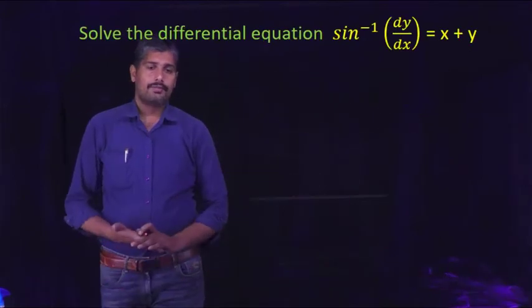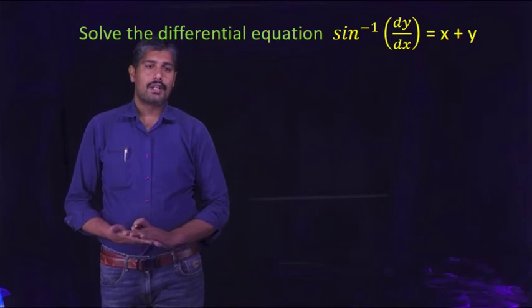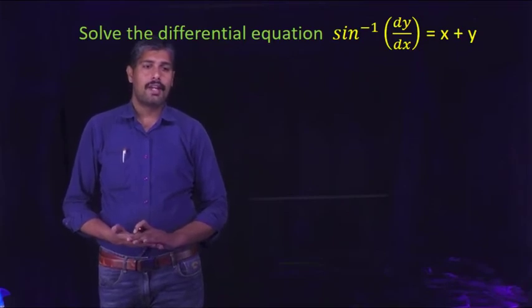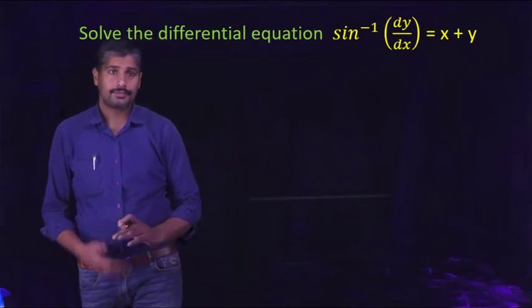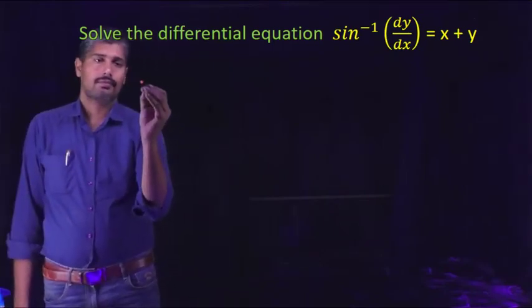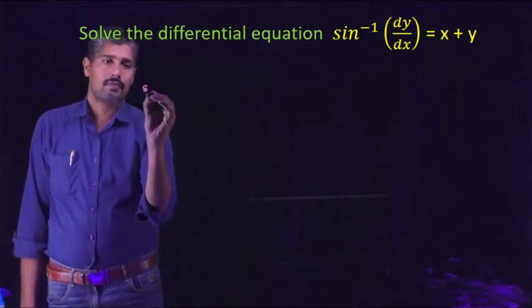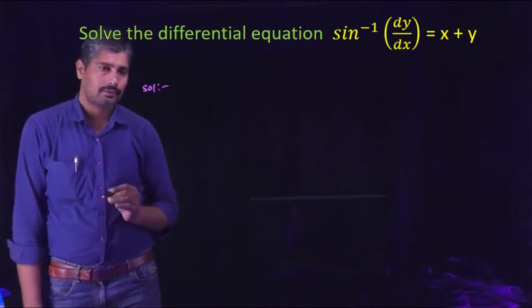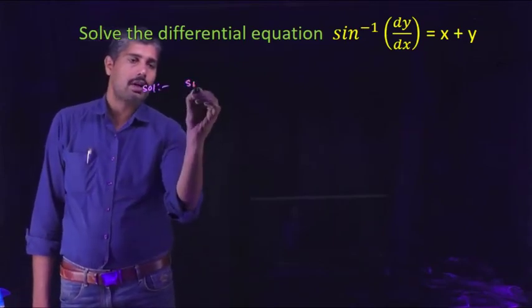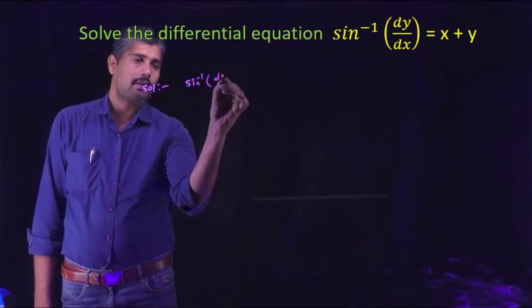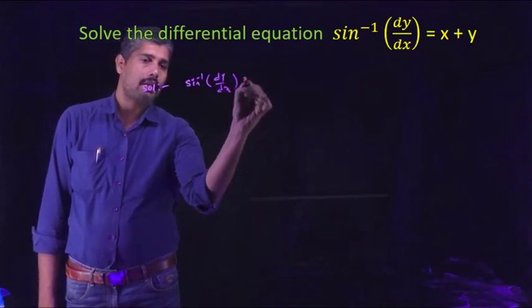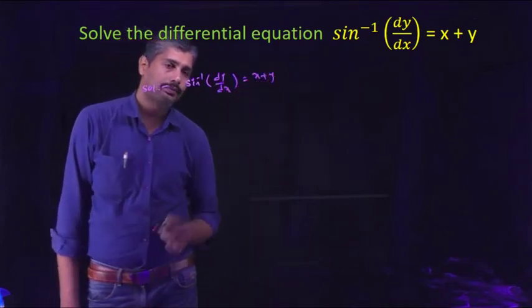Next one, solve the differential equation: sine inverse of dy by dx equal to x plus y. Right? Solution. Sine inverse of dy by dx equal to x plus y.